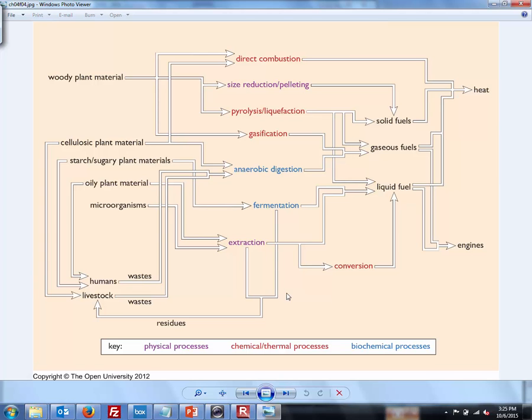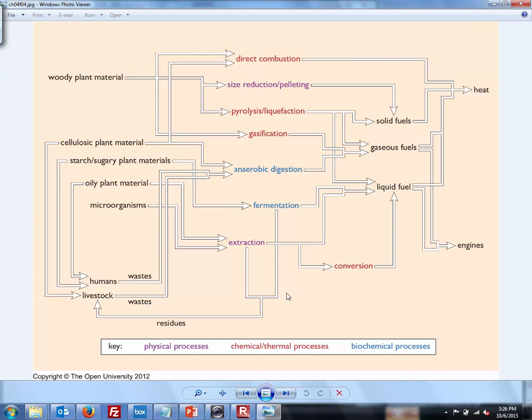I have come up with a lot of other similar figures on my own over the course of trying to deal with biomass, and it does get pretty complicated. But the majority of these technologies that we're seeing right now have been developed.